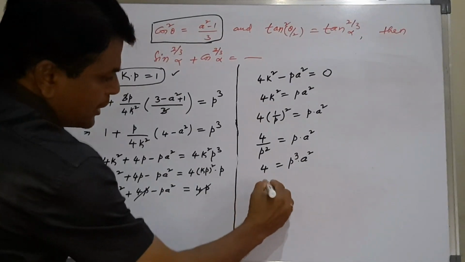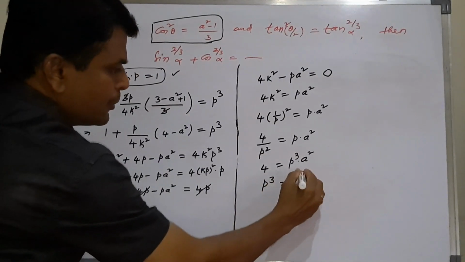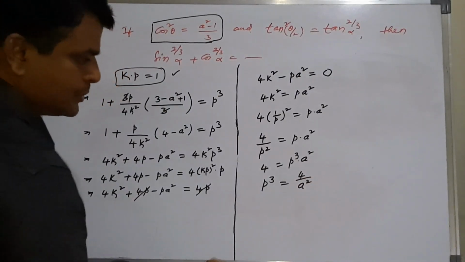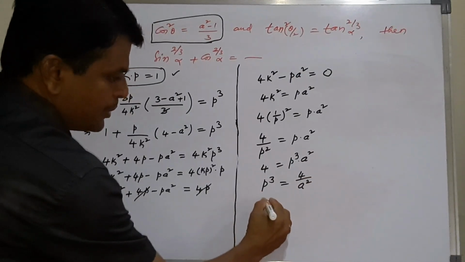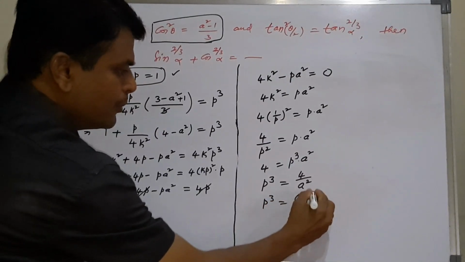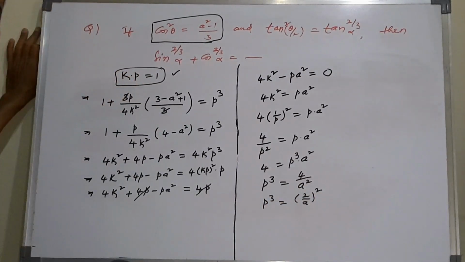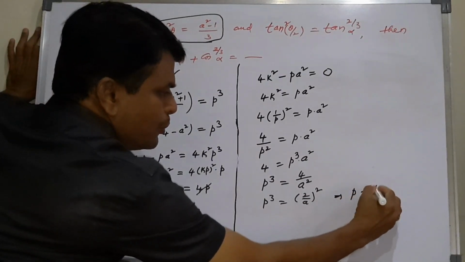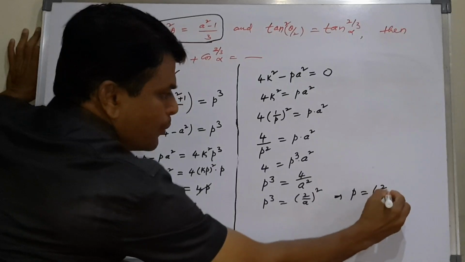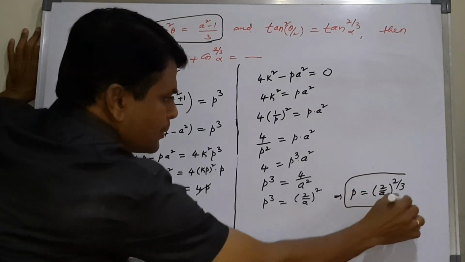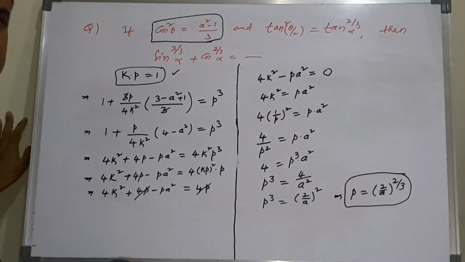So p cube we can write as 4 by a square. So p cube we can write as 2 by a whole square. So p we can write as 2 by a whole power 2 by 3. This is what p is for us.